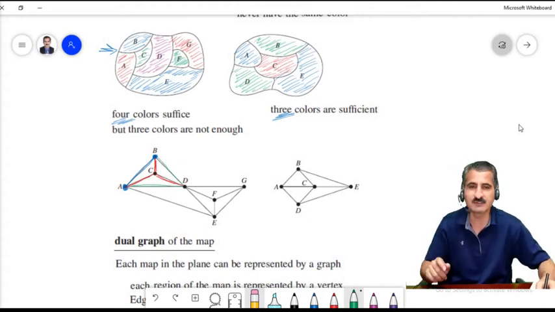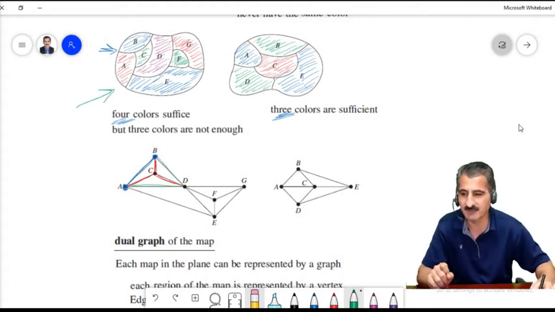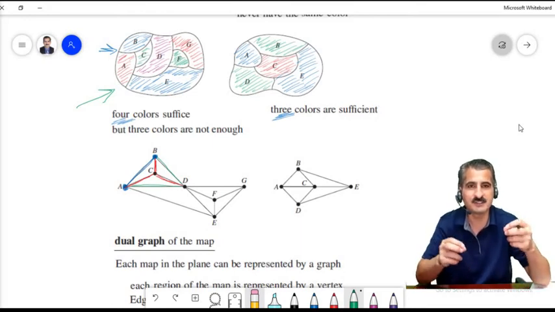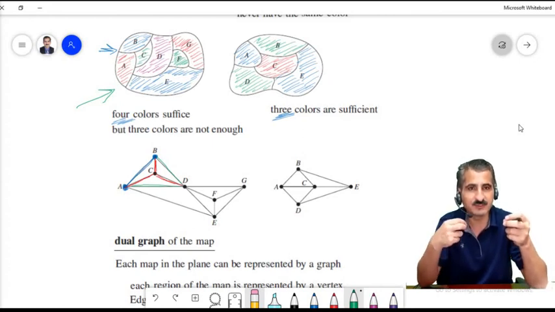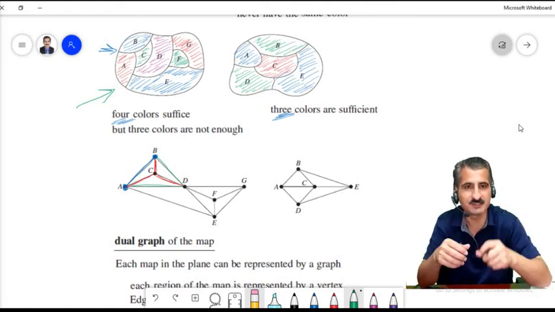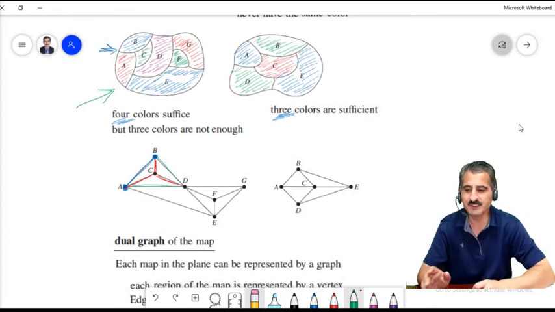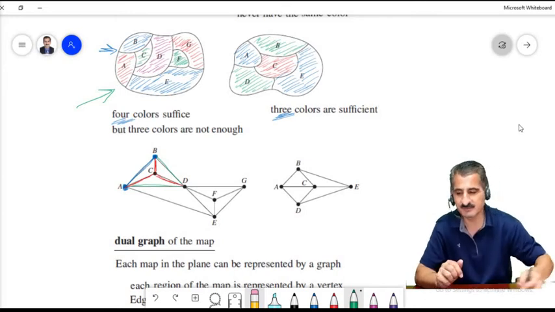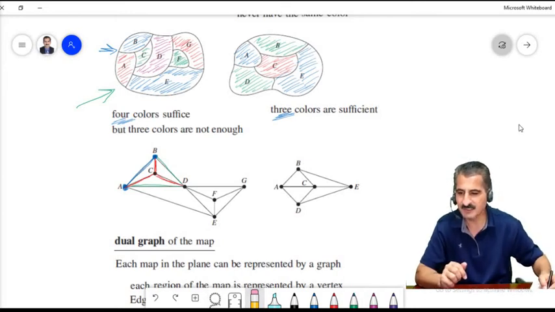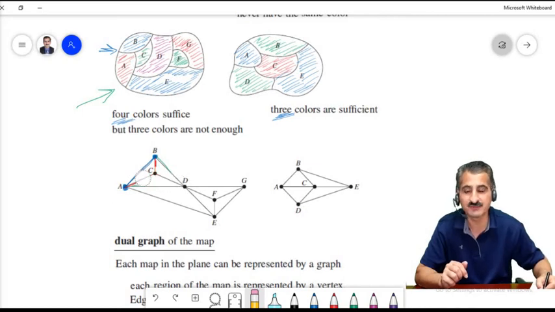So we transformed this map here to a graph with vertices and edges, where vertices represent regions, and two vertices are adjacent, connected by an edge, if the regions they represent are adjacent regions. So we can transform every map to a graph. And then the question becomes, let me erase that now because we want to preserve colors for vertices.